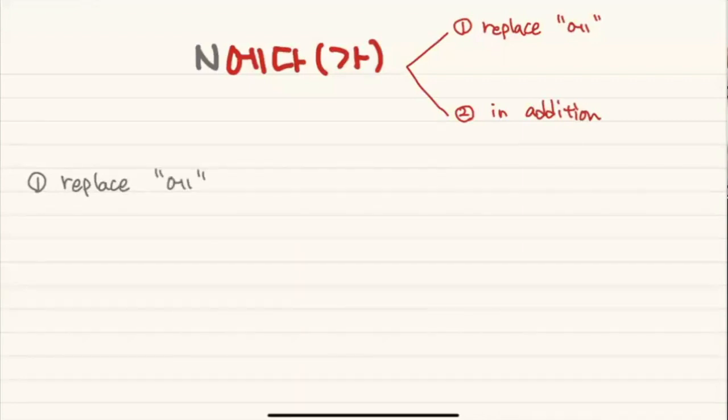Okay, for example, like this. 컵을 식탁 위에 두었어요.